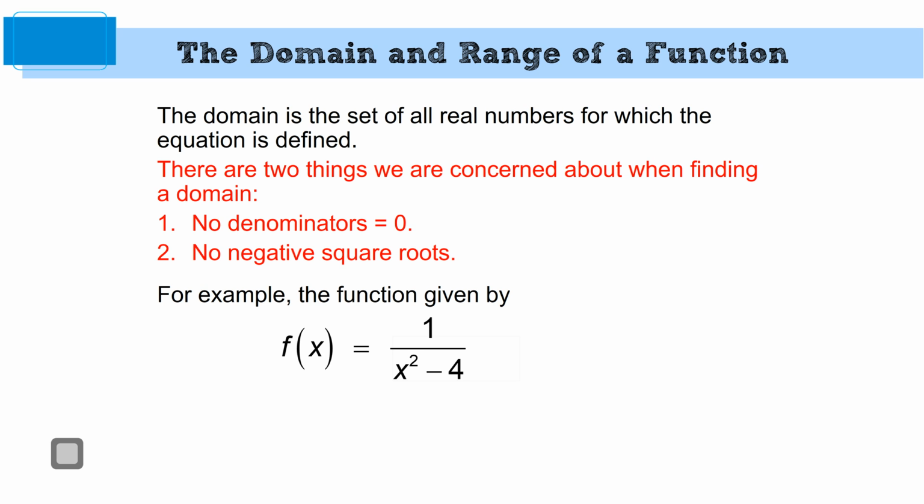And then it's negative 2 to positive 2, both with just normal parentheses. And then it's positive 2 to positive infinity. Everybody get that? So they're all parentheses. No brackets. Does everybody agree?